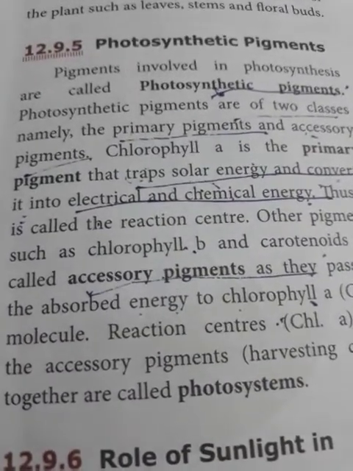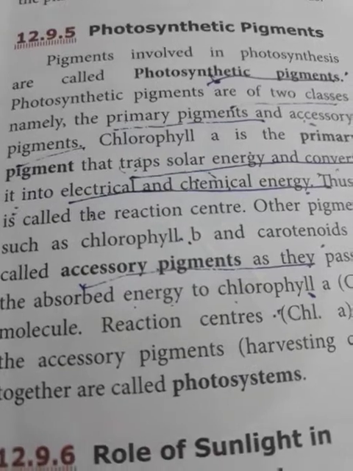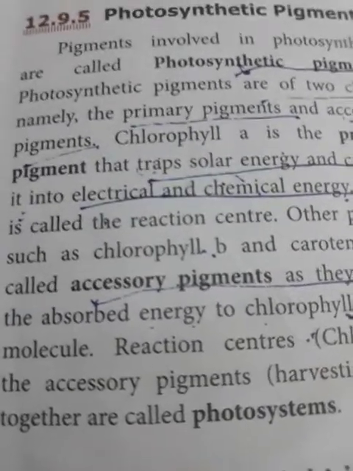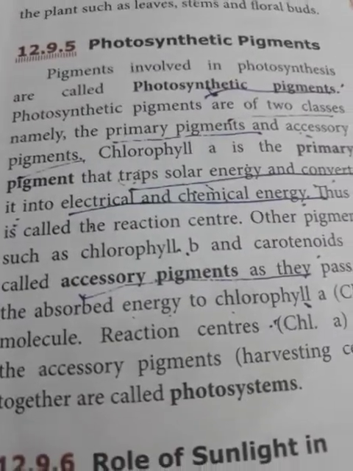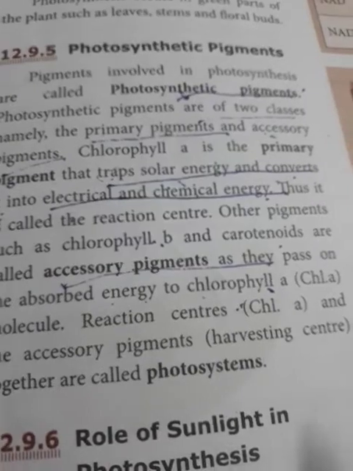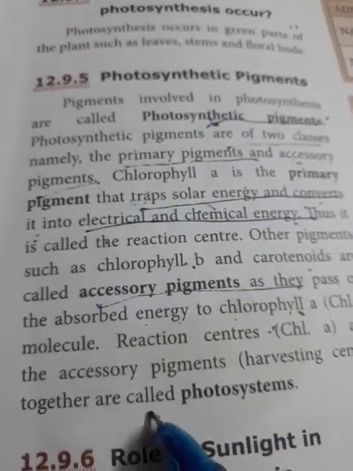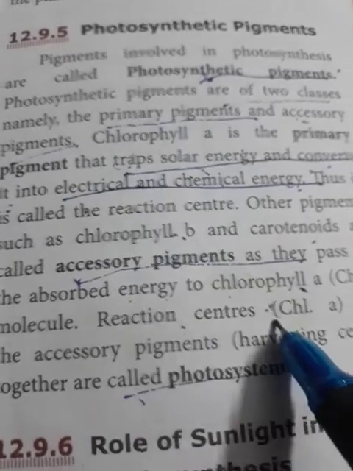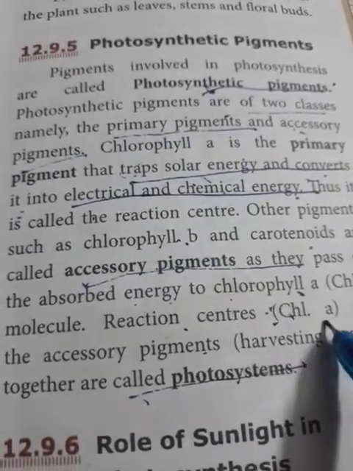And these 2 pigments are performing the functions to make the food material by photosynthesis. Now chlorophyll A, that means primary pigments, and the accessory pigments together form photosystem. Chlorophyll A is called the reaction center. Here the reaction takes place.